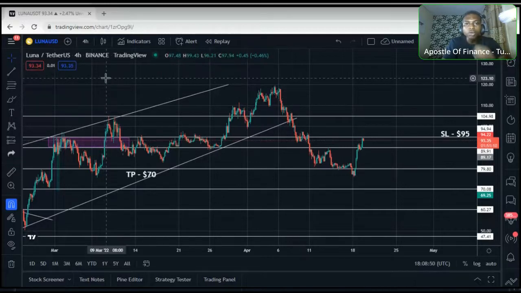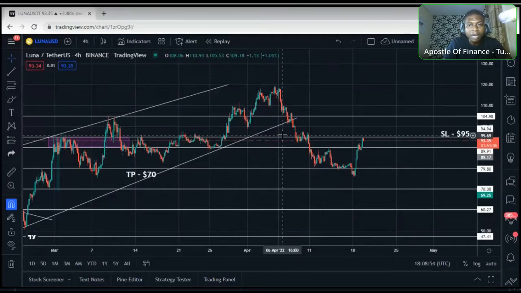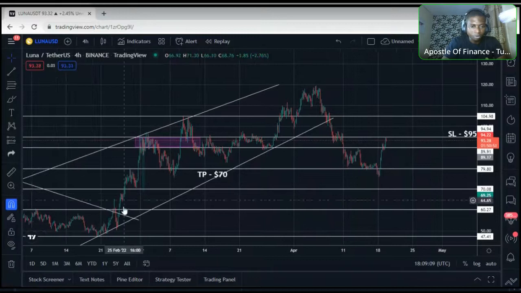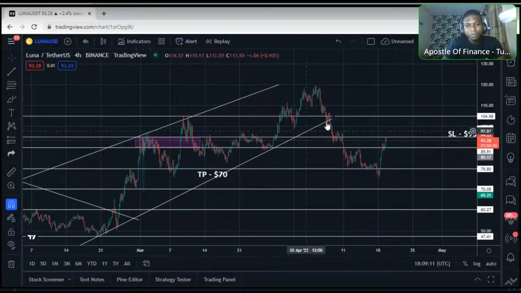Now, if you look at this chart that I've mapped out here, one, you discover that there are several lines on the chart. Also, you would see some kind of trend line at this point.